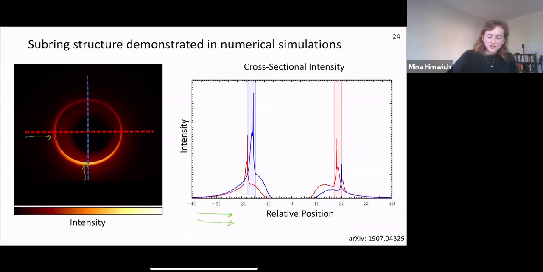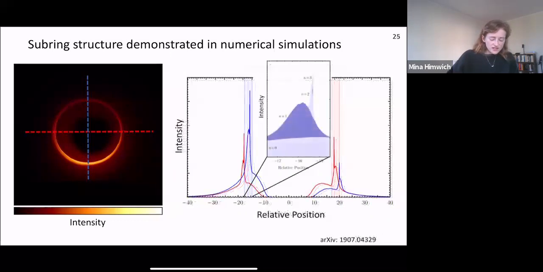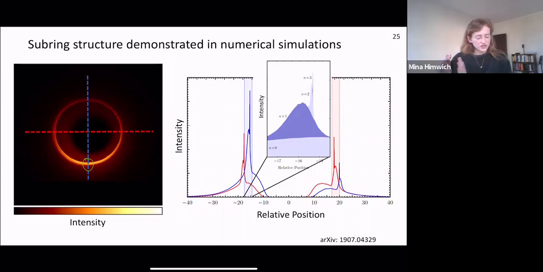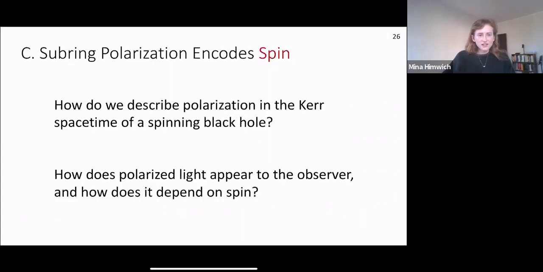And if we zoom in on a region that's close to the critical curve, we see that in the intensity there's this piling up of sub-images, and they all have the same profile, but they're just squished exponentially close to the critical curve. And so we see this layered structure, and that will give rise to a logarithmic divergence in the brightness of the critical curve. All right, so that's going to be the end of my review of the subrings.